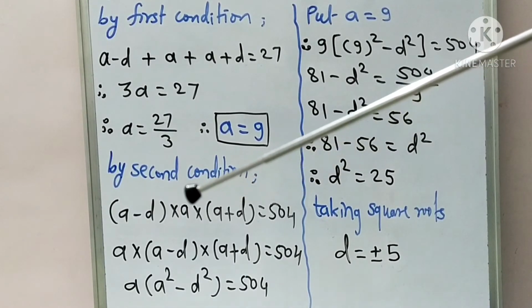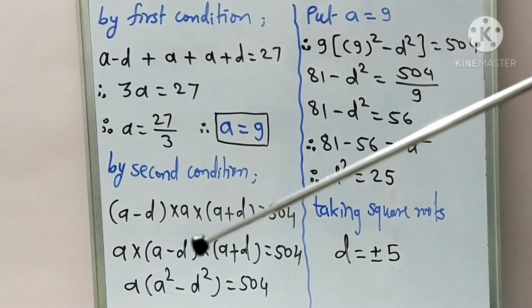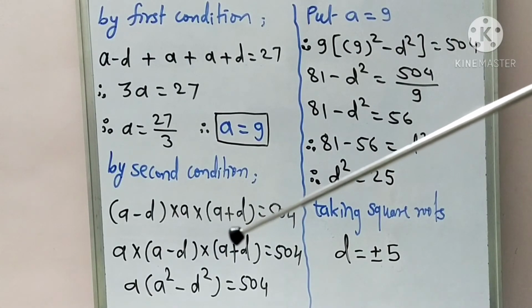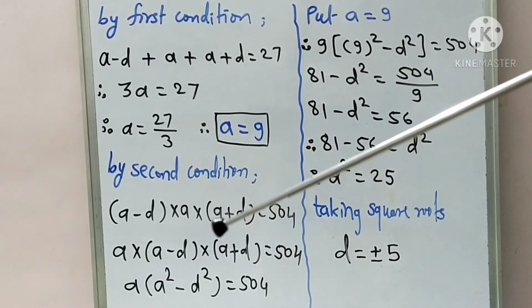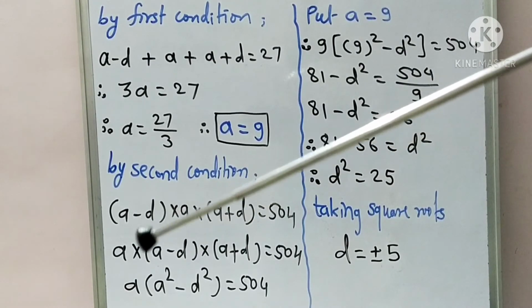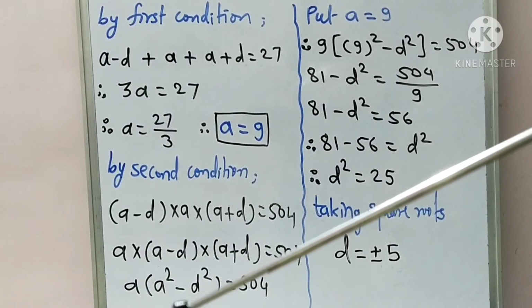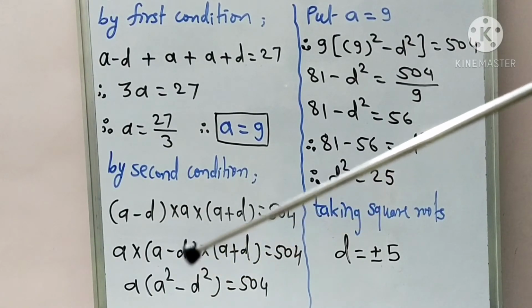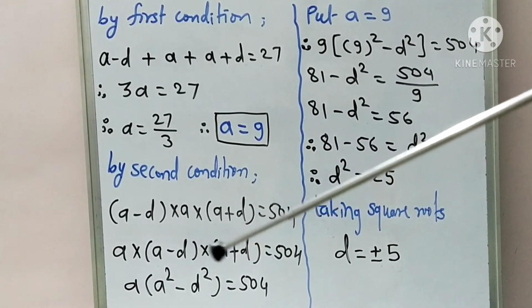We rearrange these terms, taking the brackets a minus d and a plus d together. We use the identity a minus b into a plus b equals a square minus b square, with b here being d. So we write a into a square minus d square, the product of these two brackets.